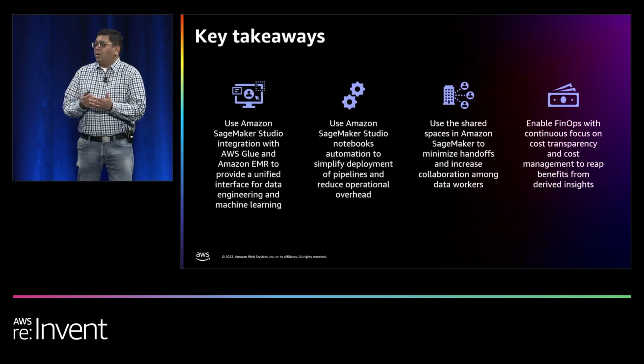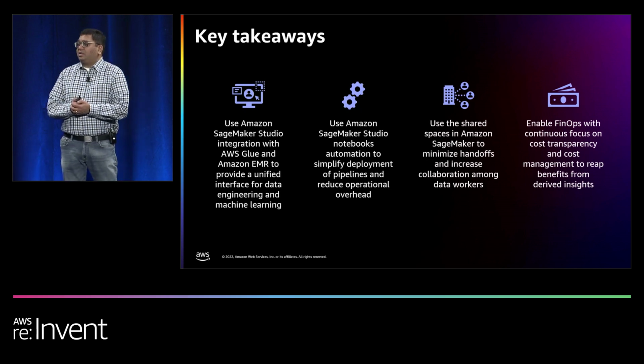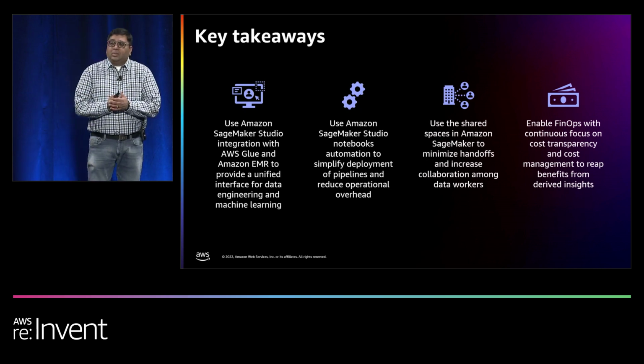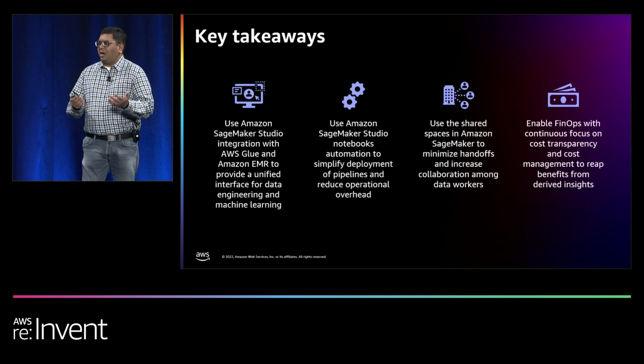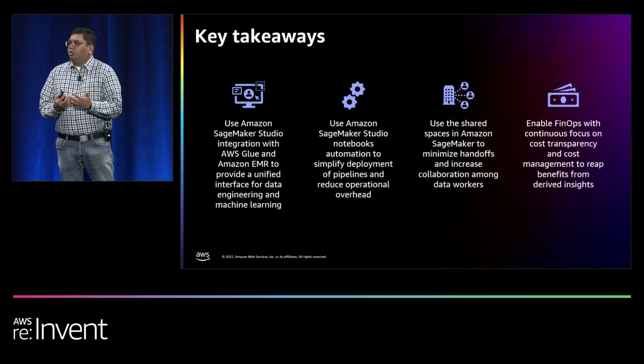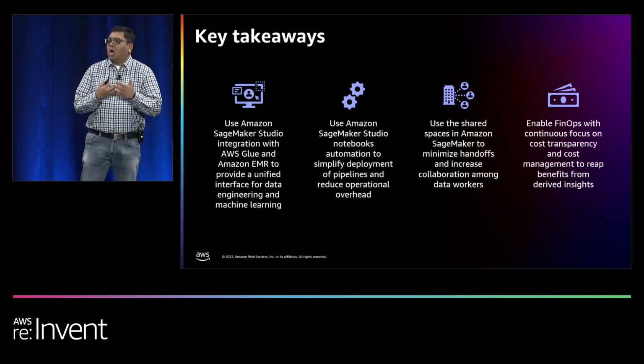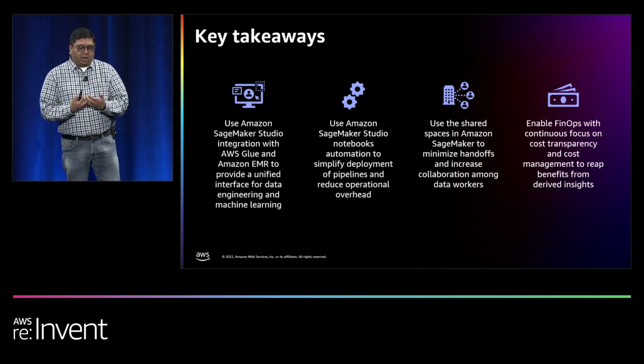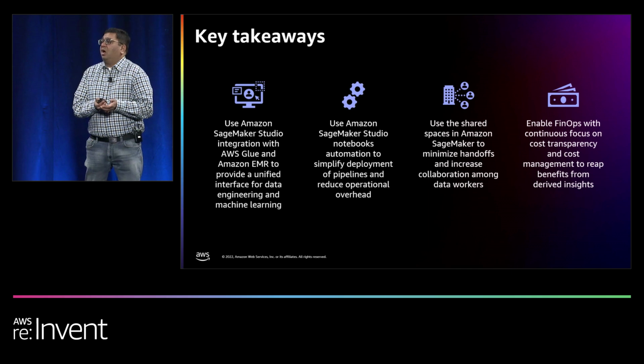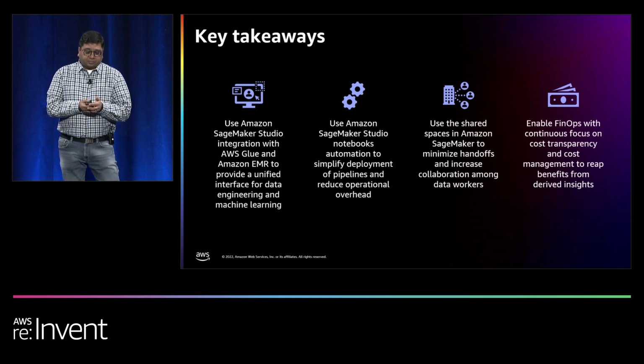Once we roll out, what would be your key takeaways, right? I would say, use SageMaker Studio if you can, if it's allowed in your company. It provides you this universal interface where you can do all these workloads and improve the experience of all of your clients.